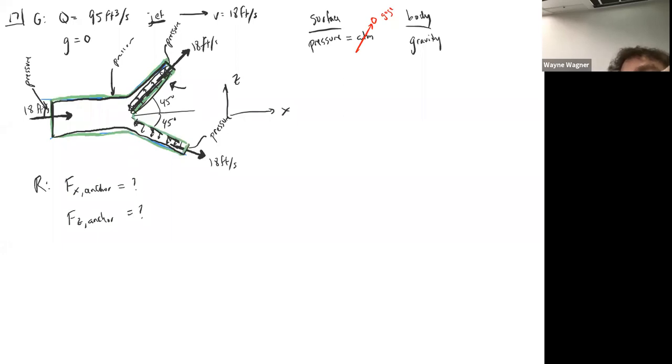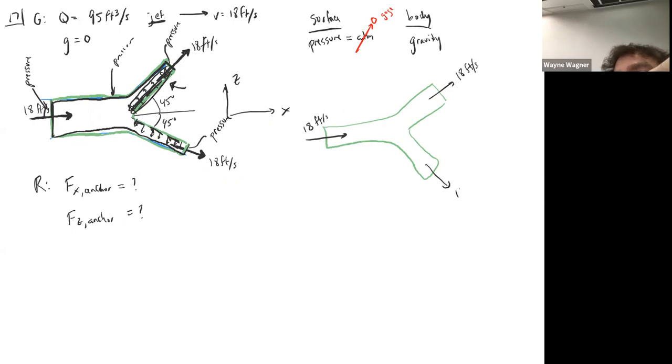So I'm going to go ahead and draw an actual free body diagram of the water. That's my water. Here's my momentum flux, 18 feet per second, excuse me, not meters, and 18 feet per second, and 18 feet per second. And all of this, we've got this normal force, and we've got this shear, on top and bottom.